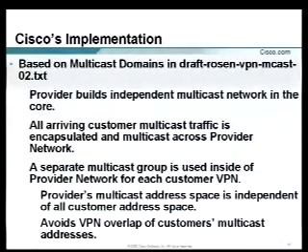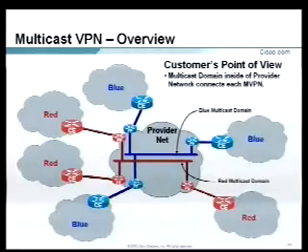That's what the solution is. It's a dynamic mechanism for creating tunnels between the different PEs per customer, and I'm going to illustrate it as we go along. I think it will make sense how this works. It's being used today in a variety of provider networks.